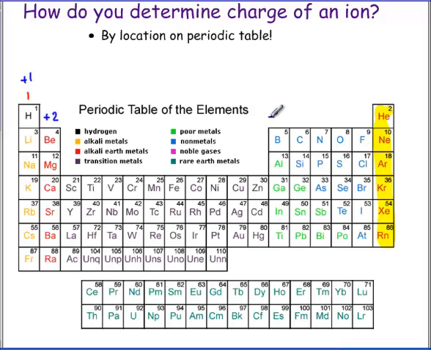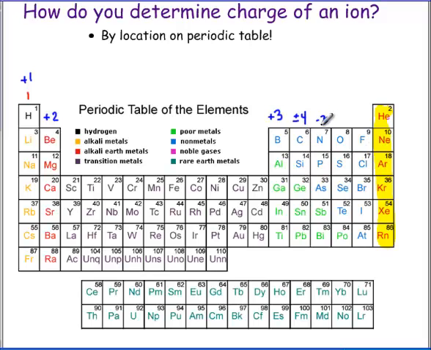And if we continue on with this pattern, if we skip all the way over to the other side, to the boron group, elements in this column tend to have a +3 charge because they give up 3 electrons. Then we have a plus or minus 4 for the carbon group. These elements like to either give up or gain 4 electrons.